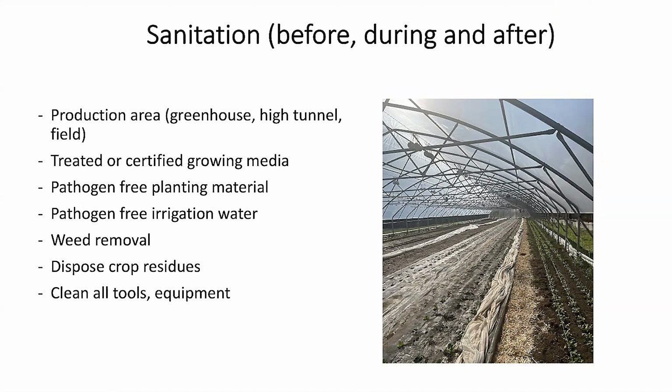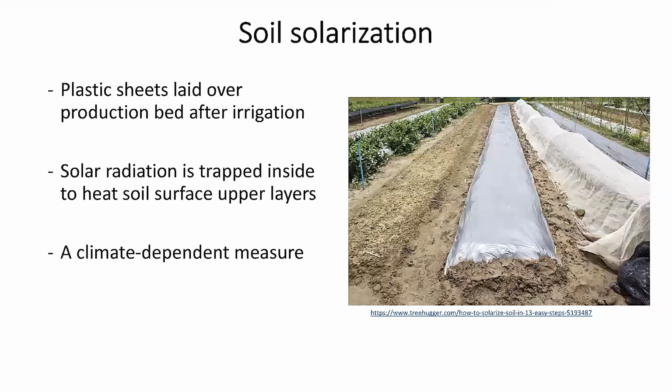And so using treated or certified growing media, things such as starting out with pathogen-free planting material, the seeds or the transplants, using pathogen-free irrigation water, removal of weeds, disposal of crop residues after every production season, and cleaning of any tools and or equipment used.